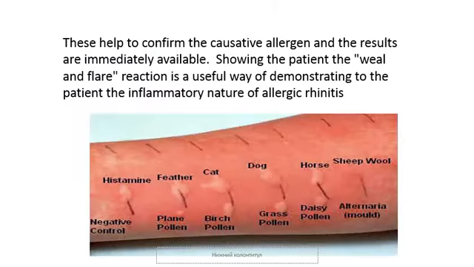In that slide, we can see skin prick testing. This helps to confirm the causative allergen and the results are immediately available. Showing the patient the wheal and flare reaction is a useful way of demonstrating the inflammatory nature of allergic rhinitis.